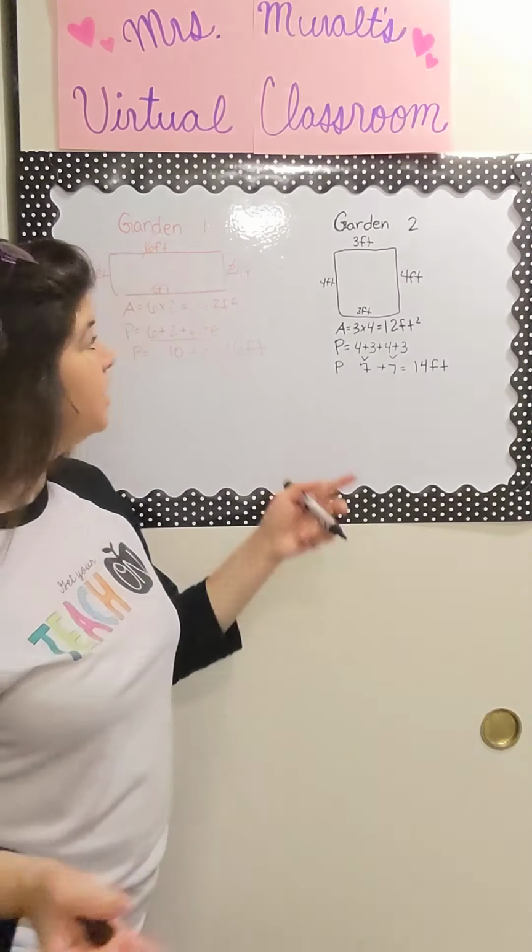Let's go ahead and look at the independent practice number 2. We have a rectangle that's 6 by 5 centimeters. It says label the rectangle, and they want us to find a rectangle that has the same area but different perimeter. So first let's find this area and perimeter.